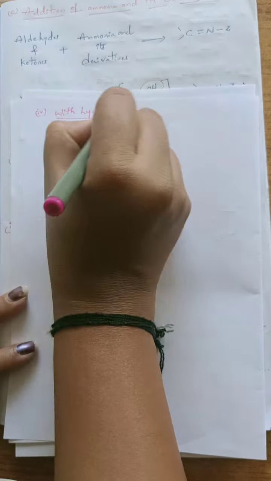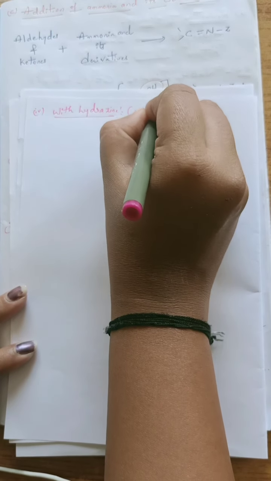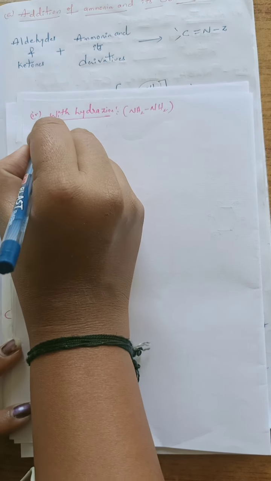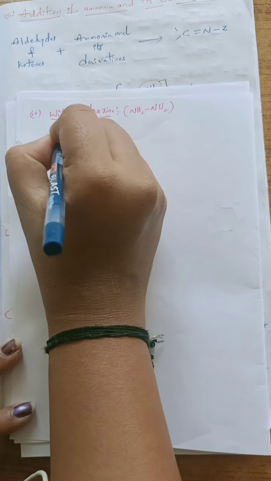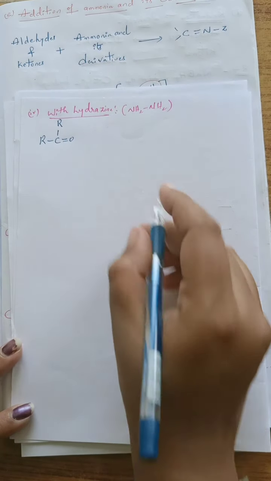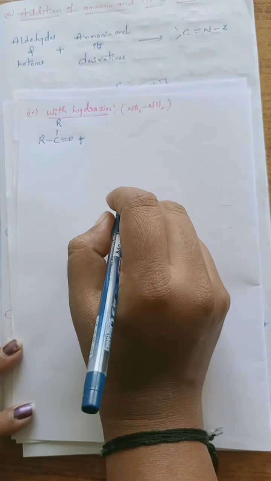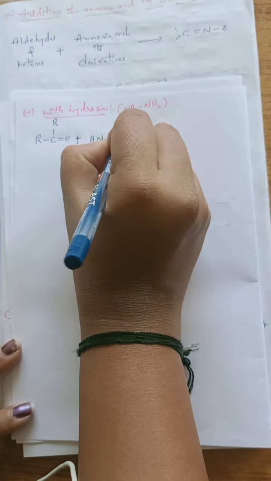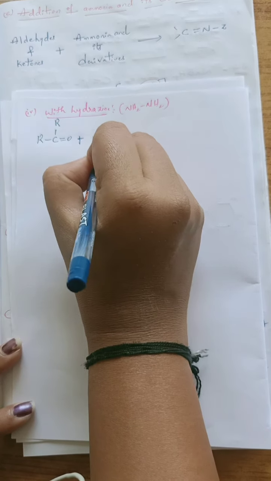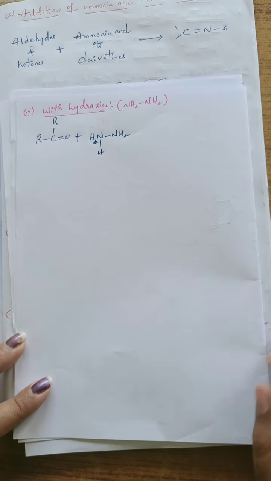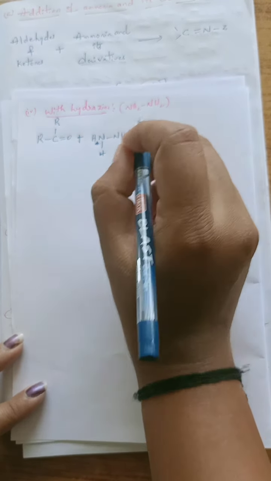We know the structure of hydrazine, that is NH2-NH2. When a carbonyl compound reacts with hydrazine, I am writing the general representation of the carbonyl compound, that is R-C=O, with either H or R. When it reacts with hydrazine, that is NH2-NH2, I am writing this NH2 separately, with two bonds to the hydrogen atoms. When these two undergo reaction, first it gives an addition product.